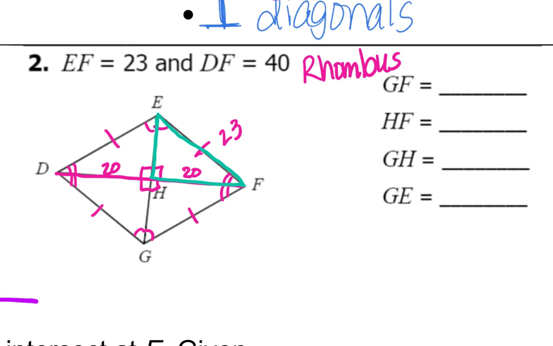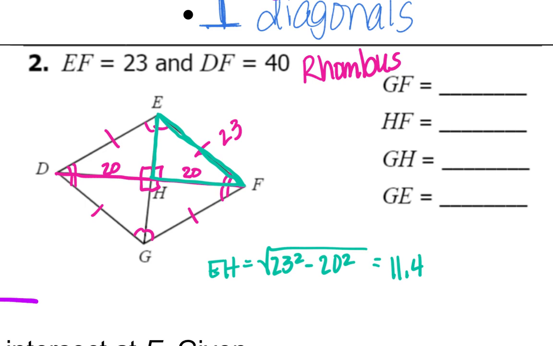So if I do Pythagorean theorem to find that piece right there, then I know that EH is 23 squared minus 20 squared, and then take the square root. Because remember, if you know the hypotenuse of a right triangle, you're always going to subtract. So 23 squared minus 20 squared. It's 11.3578, so let's just go with 11.4.